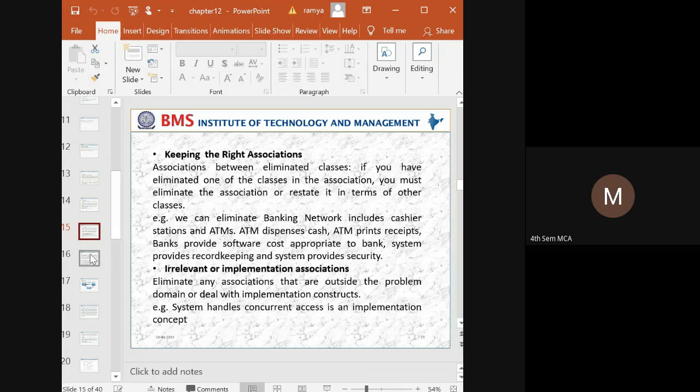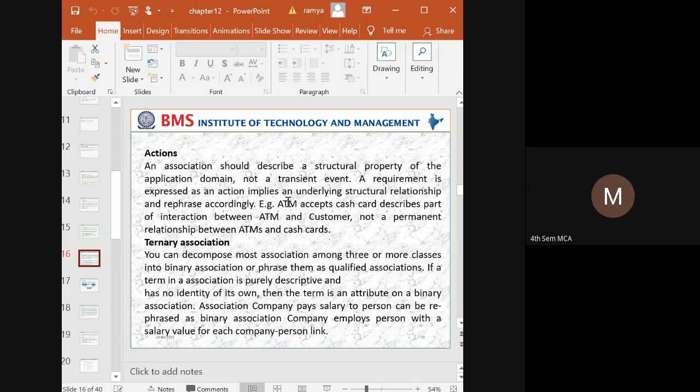Next, we have actions. How do we take the action once we have developed a domain model? Here we have already constructed an association which gives the entire application domain, but not an event. We have not performed any event or transaction.